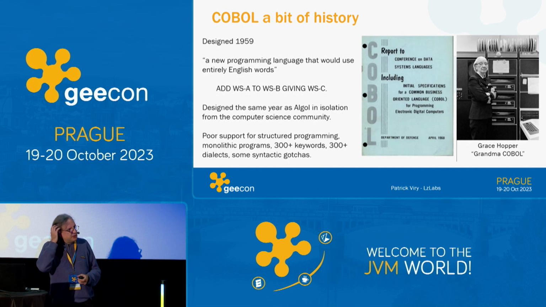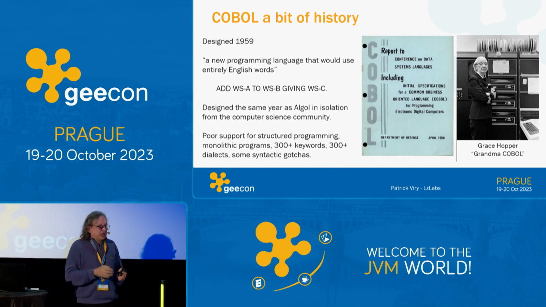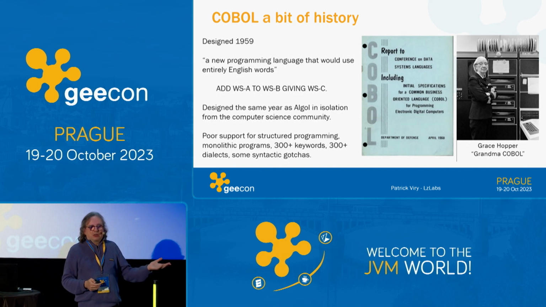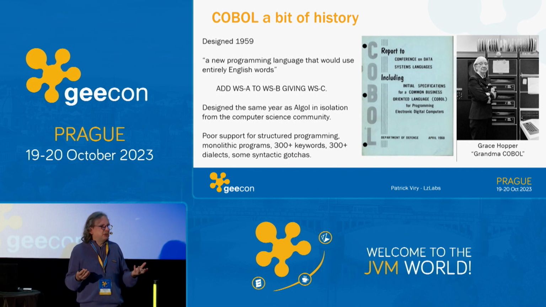Interestingly, Cobol was designed exactly at the same time as Algol. Algol is the ancestor of a wide family of programming languages, including Java. But Cobol was designed entirely in isolation, so it didn't take into account the knowledge from the computer science community at the time, the knowledge about language design, about compiler techniques, and so on.